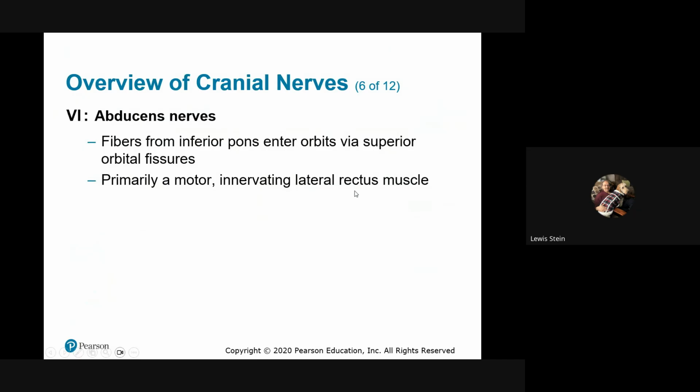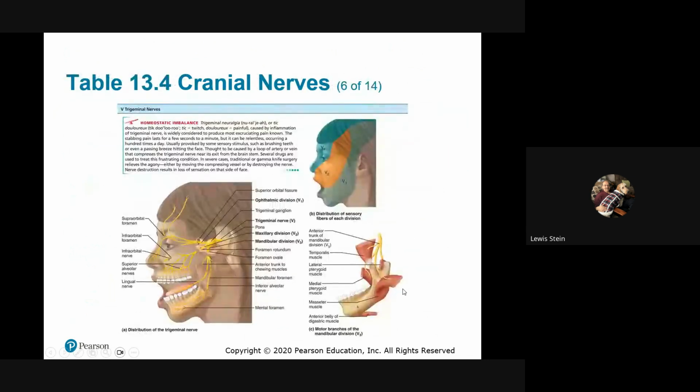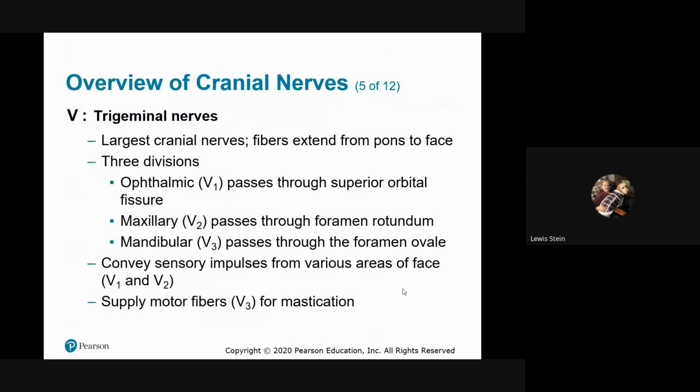And here, this is the lateral rectus. LR6, same opening. At rest, the eyeball rotates medially because that's paralyzed, or it's just fixed in spasm and rotates laterally, but it points to the lateral rectus. So that's the LR6SO4, which brings us back to, fortunately, the most important nerve to me.